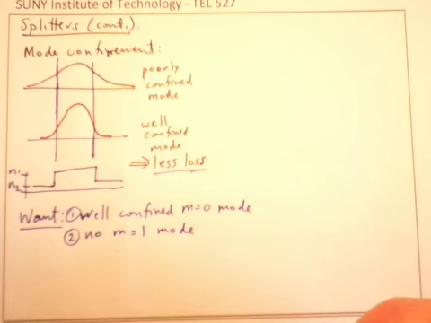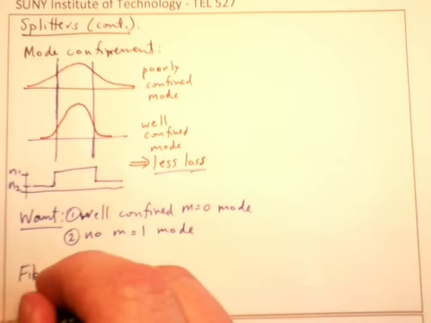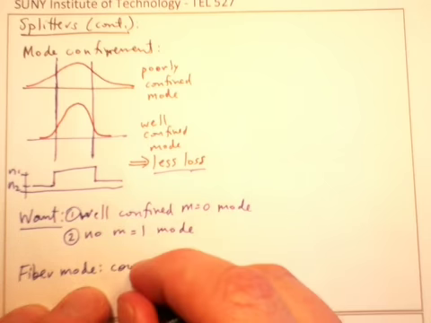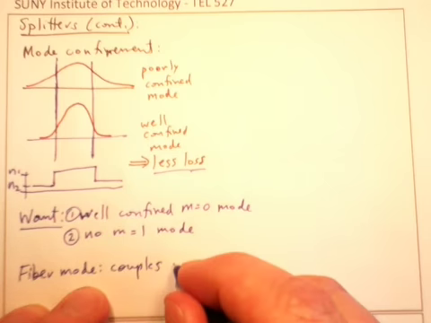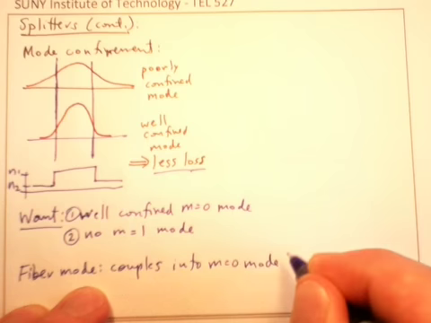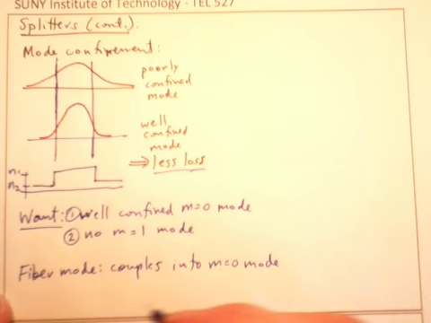What we're going to see is that the fiber mode couples into the M equals 0 mode, because we're dealing with single mode fiber.